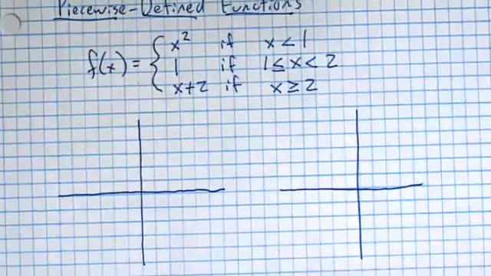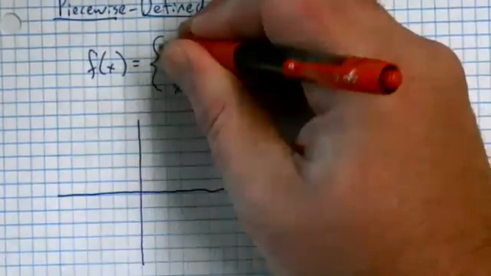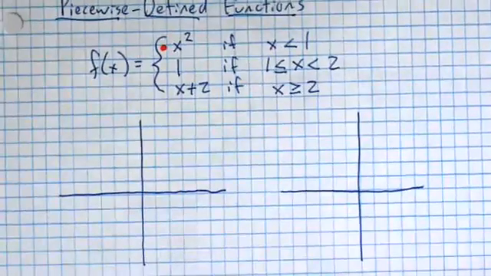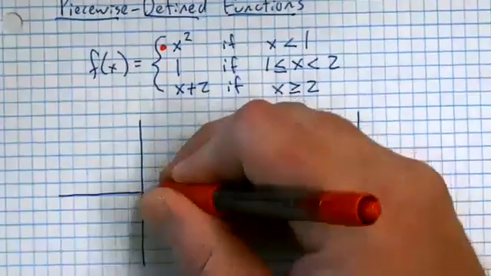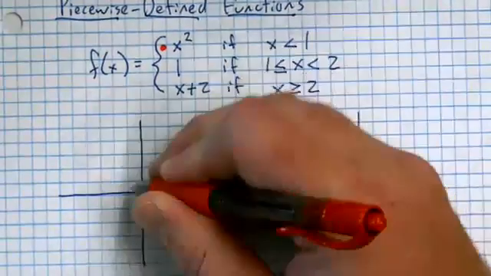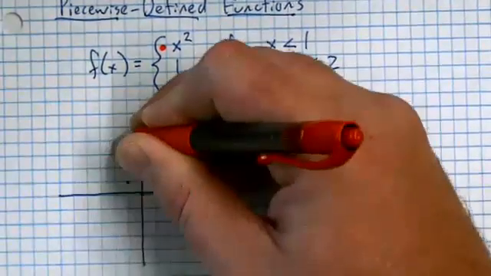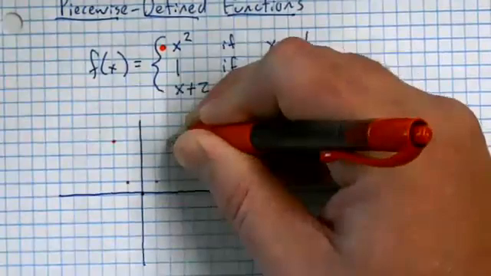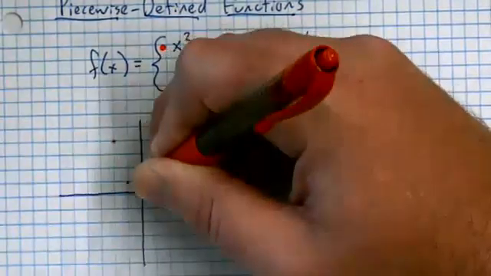All right, so here's what we're going to do. I'm going to graph all 3 of these. I'm going to graph the entire graph for all 3 of them, and I'm going to do it in dashed lines or very lightly. And I will color code mine. So I'm going to do my x squared in red. As former Algebra 2 students, I'm assuming that you can all draw a reasonably accurate graph of y equals x squared without thinking too hard about it.